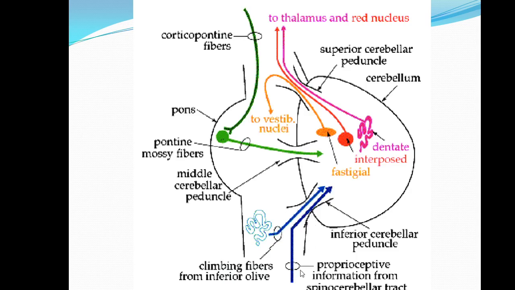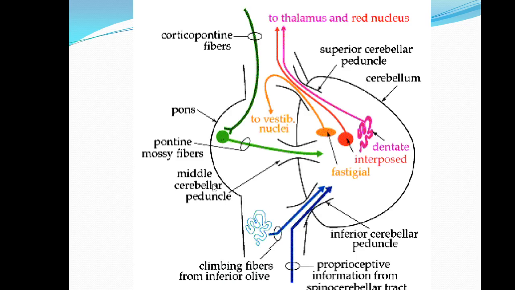The inferior cerebellar peduncle, as you can see, carries the proprioceptive information from spinocerebellar tract. It carries the mossy fibers and climbing fibers from the inferior olive of the medulla oblongata.